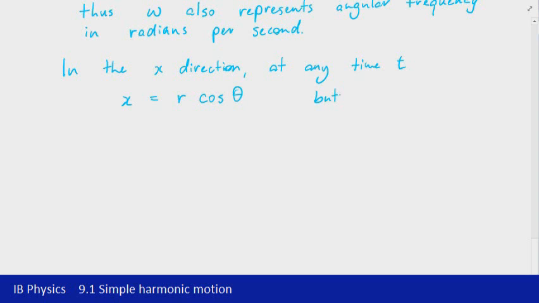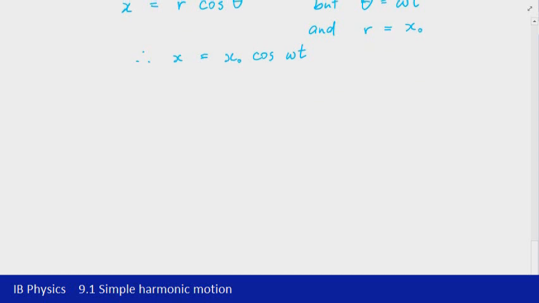But before we saw that omega was equal to theta on t, so rearranging that we can show that theta is equal to omega t. Likewise, given that we're dealing with x, the radius is going to also be equal to the maximum value for the x coordinate, so r is equal to x naught. So therefore we can substitute in, and we end up back with that equation that we've already seen, x naught cos omega t.